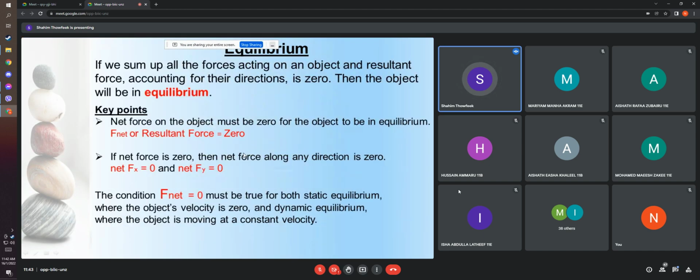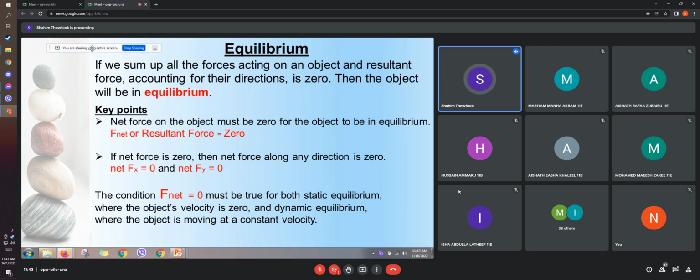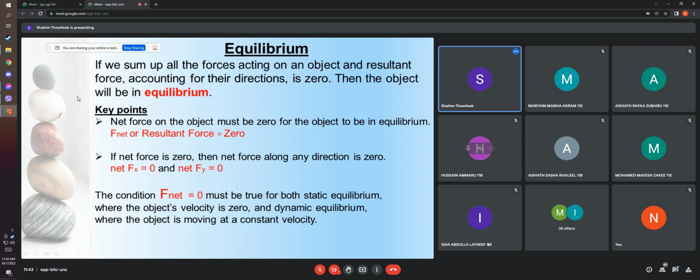I'll give you a briefing about equilibrium, the last class we were talking. When an object is in equilibrium, this is regarding forces equilibrium, the net or the resultant force is zero, which means the net forces in x direction will be zero, the sum of forces in y direction will be zero.